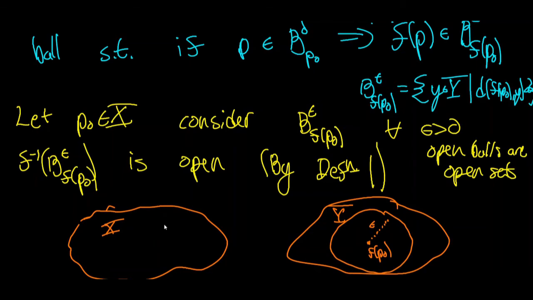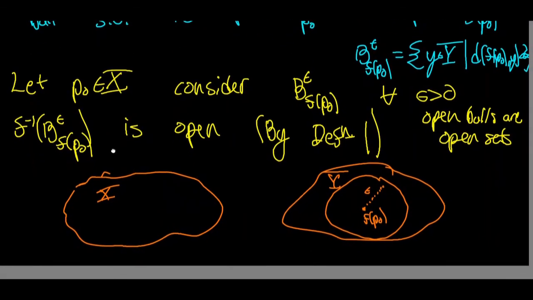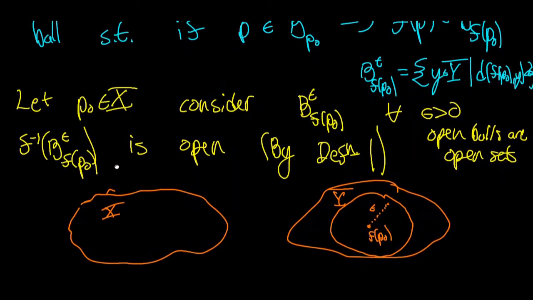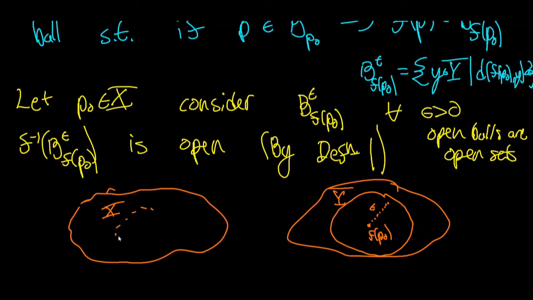Here's my open ball, and we don't really know that this inverse image of the open ball is a ball itself. We just know that it's an open set. So we can't say that it's a ball, but we do know it's an open set by definition 1. So we know that this inverse image of the open ball centered at f of p naught and radius epsilon is an open set. And it's worth writing down again what the inverse image means.